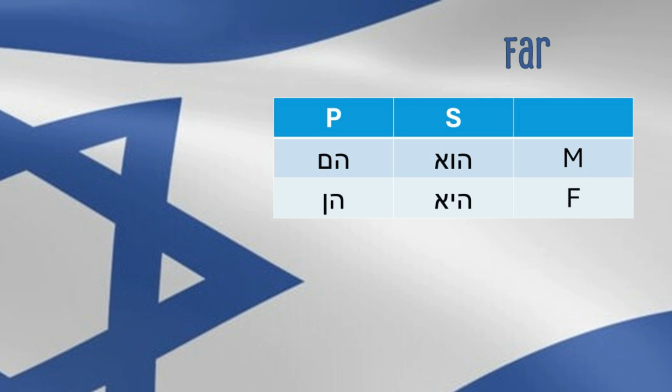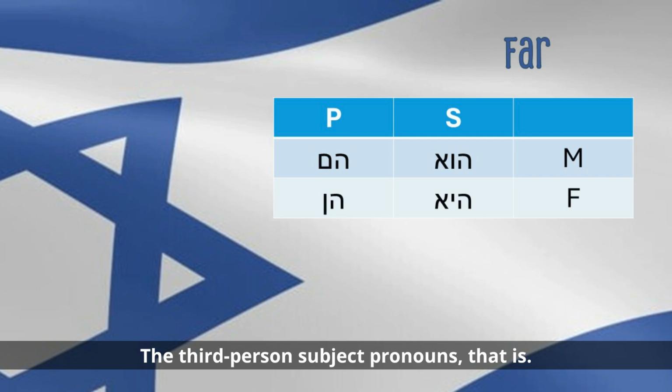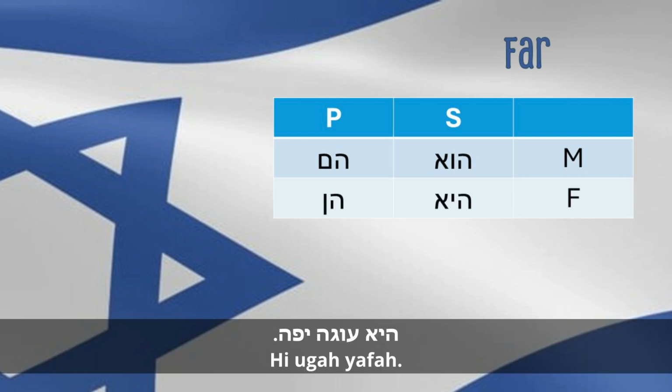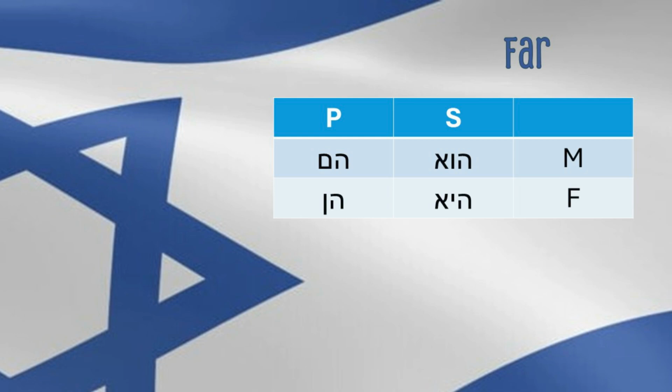Now, for objects or situations that are far away from the speaker, we use the subject pronouns. These are harder to identify when they are on their own as a demonstrative, because they can just as easily be the subject pronoun. So if I hear someone say, hi uga yafa, in my head, I think that means it is a beautiful cake, rather than that is a beautiful cake.